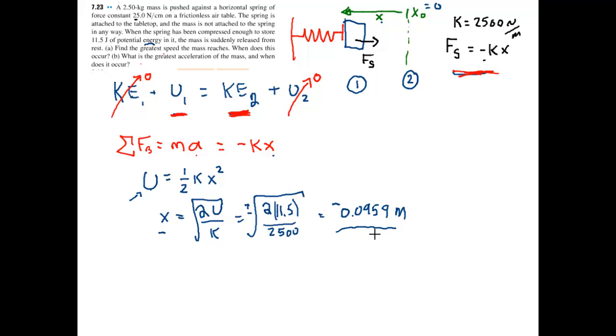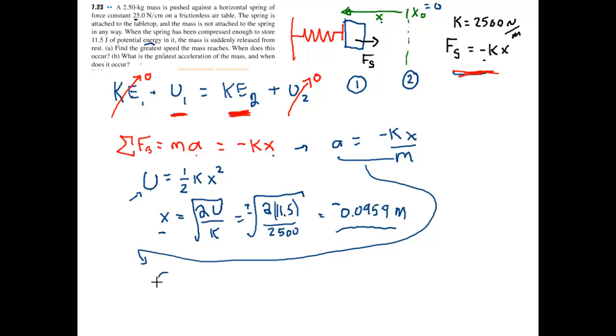It's also the location where the acceleration is the greatest. I can now solve this for acceleration. Say that the acceleration is going to be equal to negative kx divided by the mass. I'm going to bring that down here to solve it.